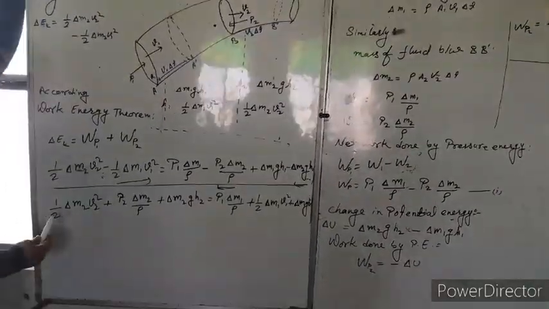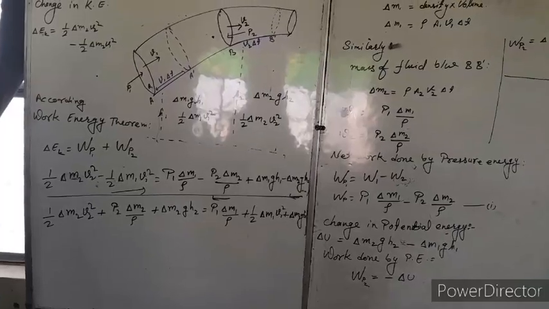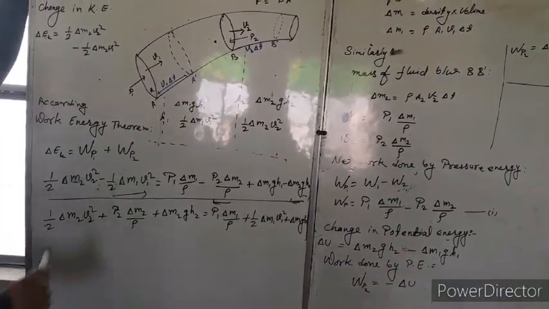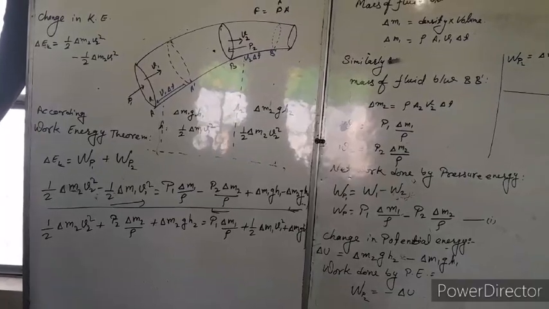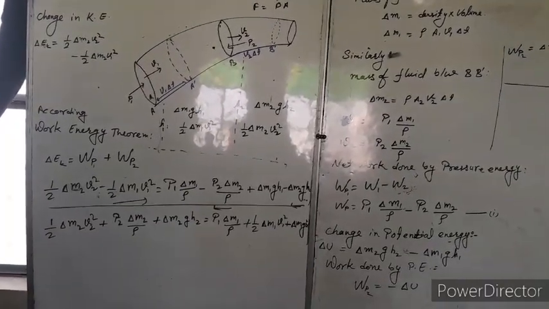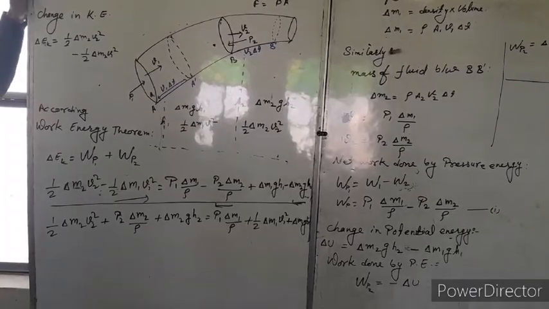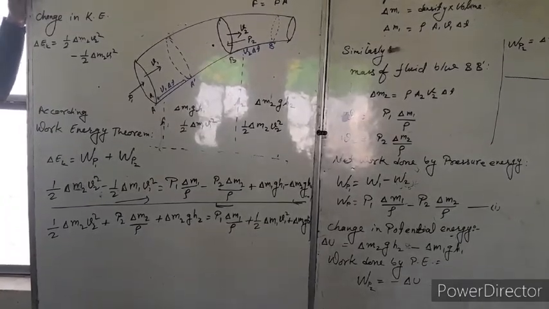According to the conservation of mass, Δm1 is equal to Δm2. So just put Δm in the place of Δm1 and Δm2.